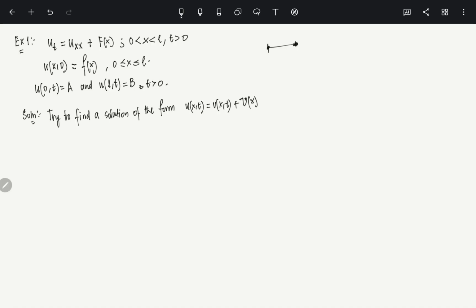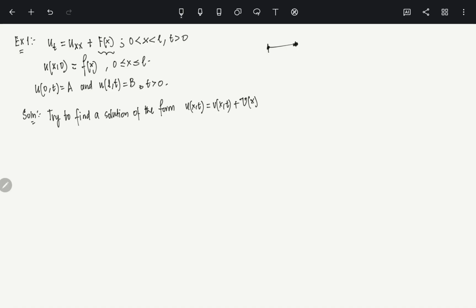See, the thing is this. This function here, the non-homogeneous part, generally speaking, it should look like a function of x and t, right? But this particular problem doesn't have that. It is just a function of x. What I am doing here can also work with just a function of t.